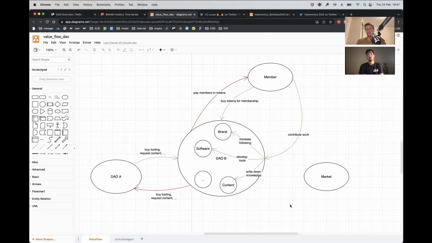So all that value is kind of captured in this DAO, because the people work on the same thing, and I guess the principal agent theory comes in here, because most of these members on this spectrum that we have are more on the principal side, and they believe, let's say, in what the DAO's trying to do. Yeah, they believe in the mission and maybe work towards these common goals of whatever the DAO might have as a goal, right?